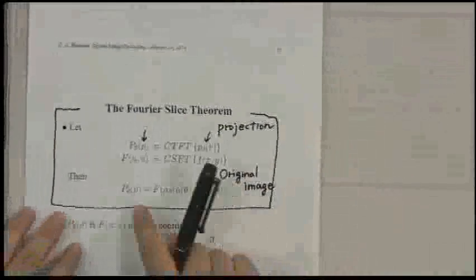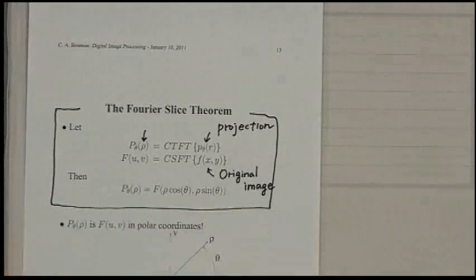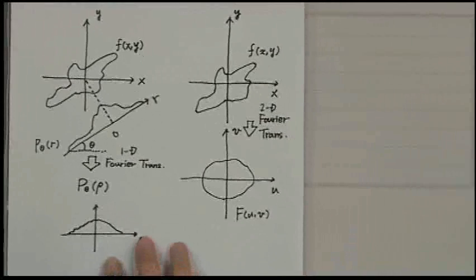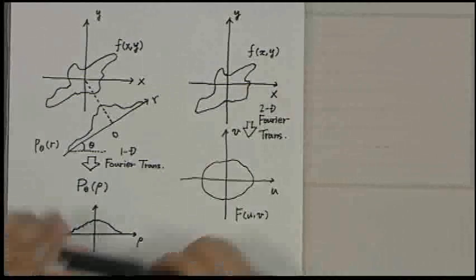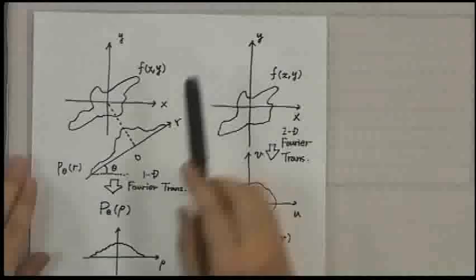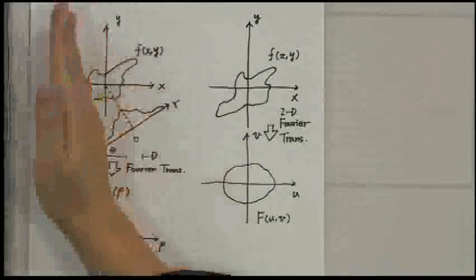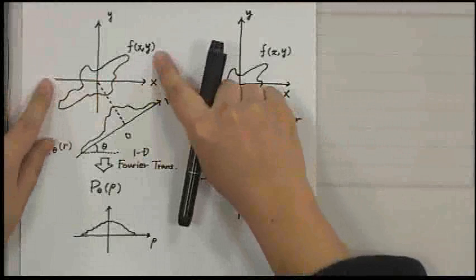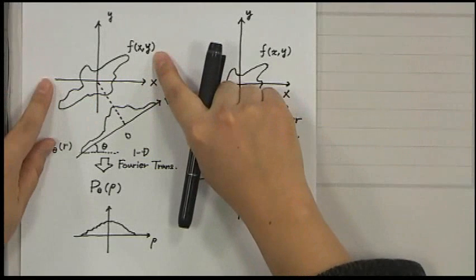So what does this equation mean? It's much easier to understand this equation using a diagram. Here's the diagram I drew before the class. First, we are thinking about this side. This is a plot of f(x,y), the original image.